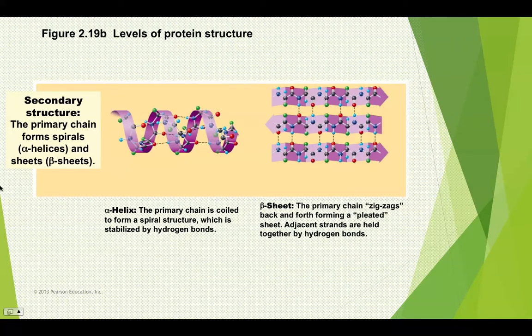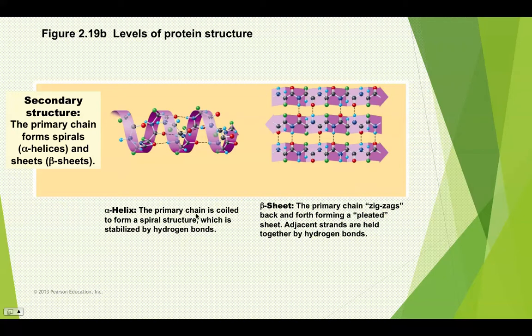A secondary structure would be the shape that chain of amino acids assumes. It will either be a spiral, called an alpha helix (helices is the plural form of helix), or a beta sheet. There's only two major shapes. It'll be either this helix shape or it will be a folded sheet.